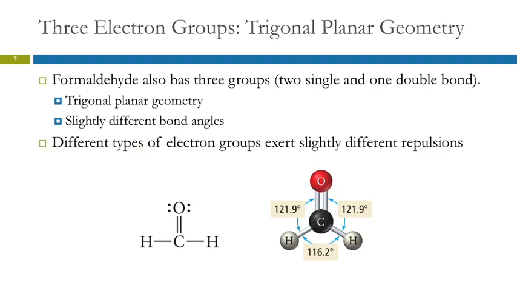What's a little bit different about this one is the angles aren't going to be quite equal, because this double bond is a little more repulsive than the single bonds. And so this single bond, looking at that double bond, is like, ew. And it looks at this one, it's like, I don't like you either, but you're not as awful as that one. So I'm going to squish just a tiny bit closer to you. So the bond angles will be slightly different, but the geometry is the same.